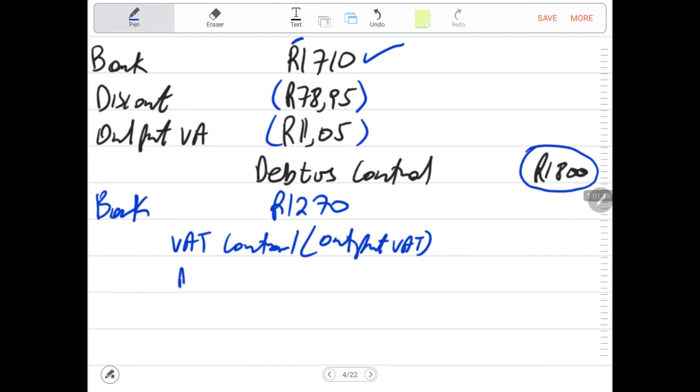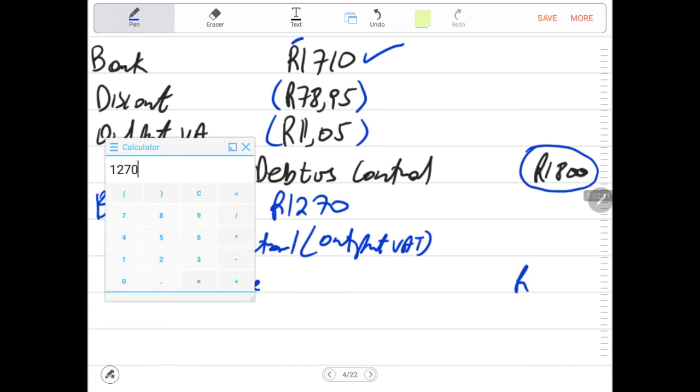So this will be asset disposal, which will normally be our sales. Then we can still capture this as furniture, but this is the asset that has been disposed. Then we can say furniture there.